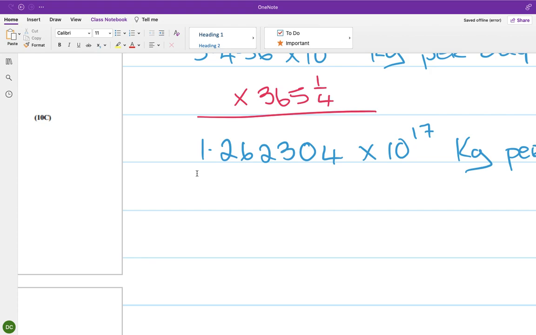So that's the first, that's the second, that's the third, and then we want to put in a stop. We look after the stop and we ask ourselves, is the 2 strong enough? It isn't, so the 6 won't change. So I just drop these numbers, and I get 1.26 by 10 to the 17 kilograms per year.